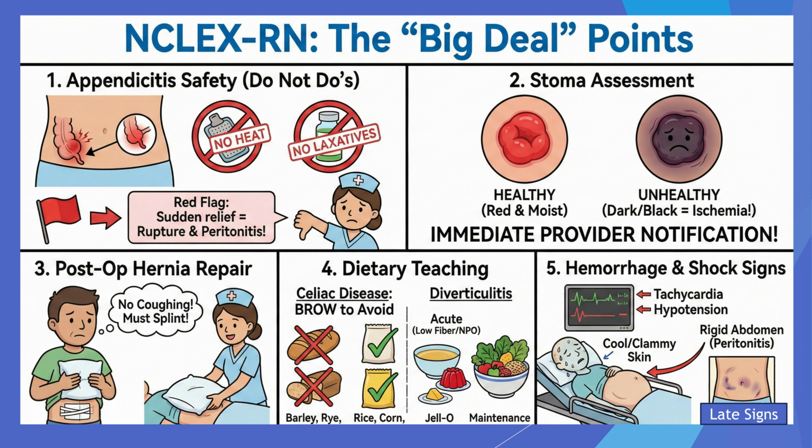So dark red, purple, or black indicates compromised blood flow, ischemia, necrosis, and requires immediate notification of the provider, of course.